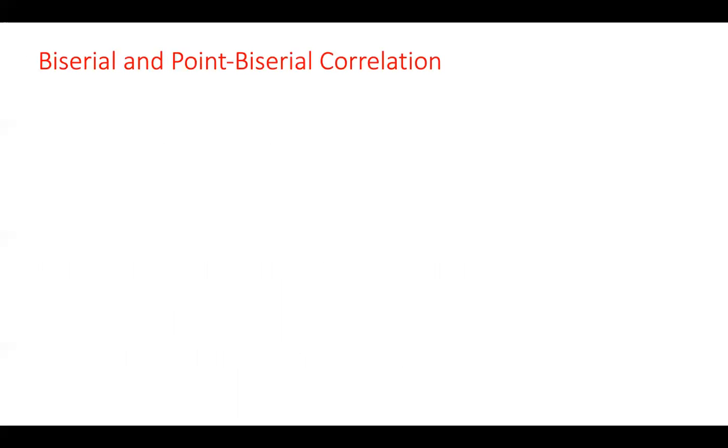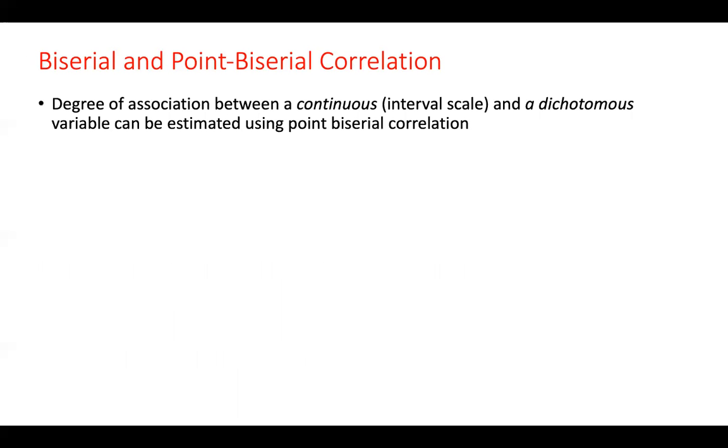Okay, so then, very quickly, I wanted to go over a few special cases for correlation coefficients. Often you're interested in determining the degree of association, the correlation, between a continuous variable on an interval scale and a dichotomous variable. That is particularly often the case if you're developing a psychometric test, like a personality test or an intelligence test.